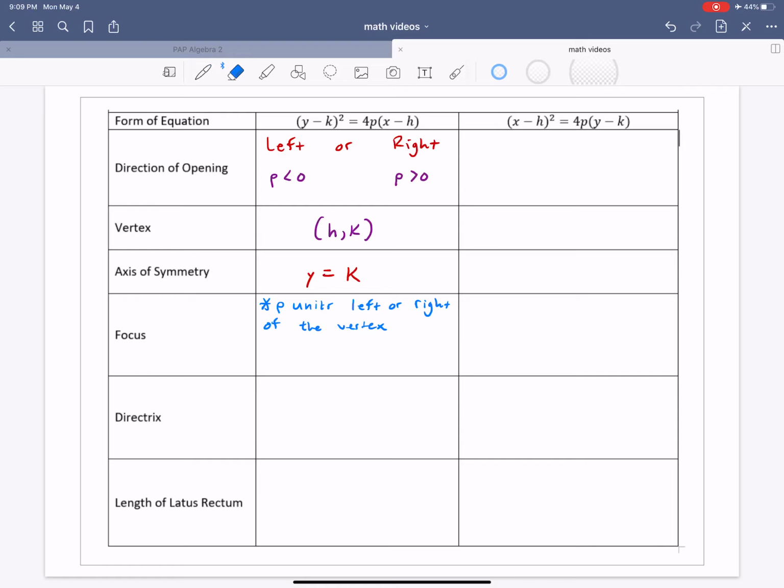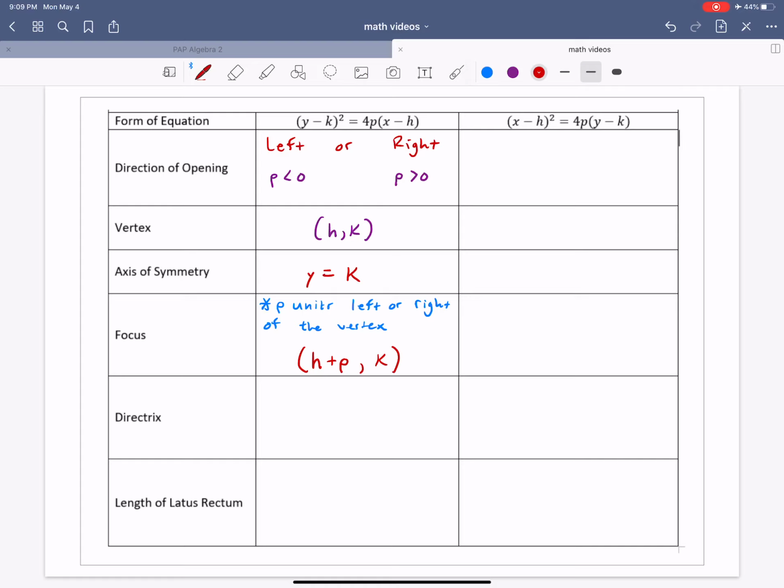So here's how we can figure that out. If we start at the vertex and move to the right or to the left by p units, I'm changing the x value. So we think about that as (h plus p, k) being the location of the focus.